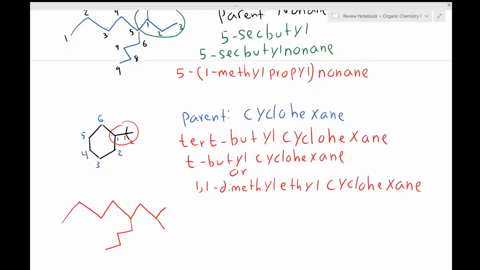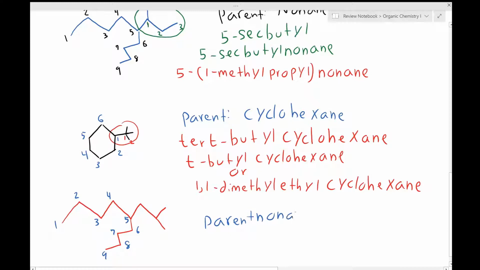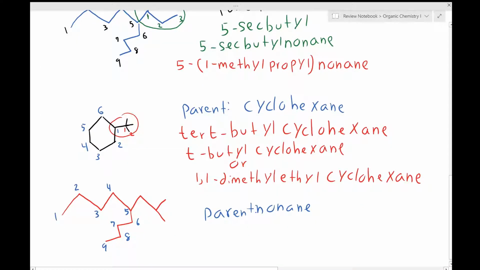Got one more with another group. Let's count our carbons, 1, 2, 3, 4, 5, 6, 7, 8, 9. Got our parent as a nonane. You can recognize this group.